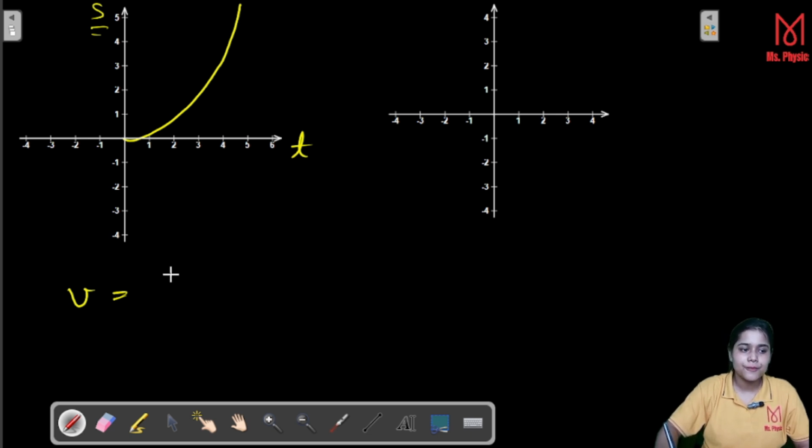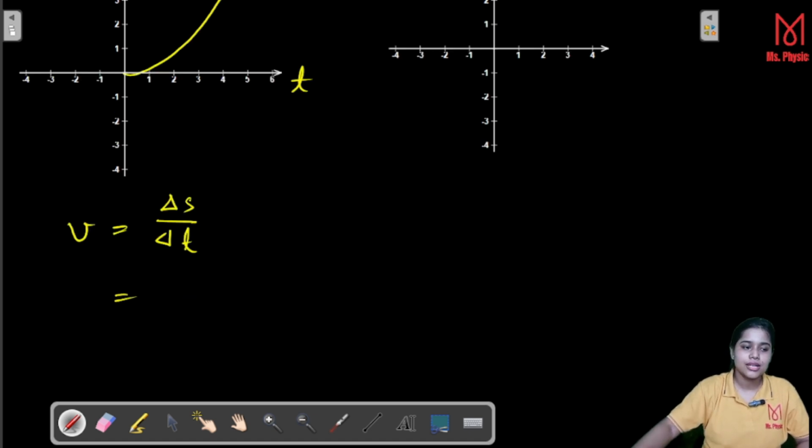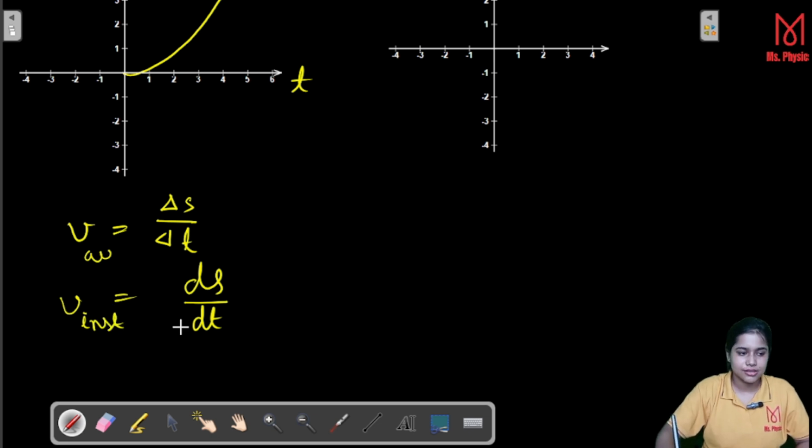V is equal to delta S over delta T, and when delta T tends to 0, delta is very small, then it becomes ds by dt. This is actually V average and this is your V instant. You remember we have already discussed all this. Now how to find it?